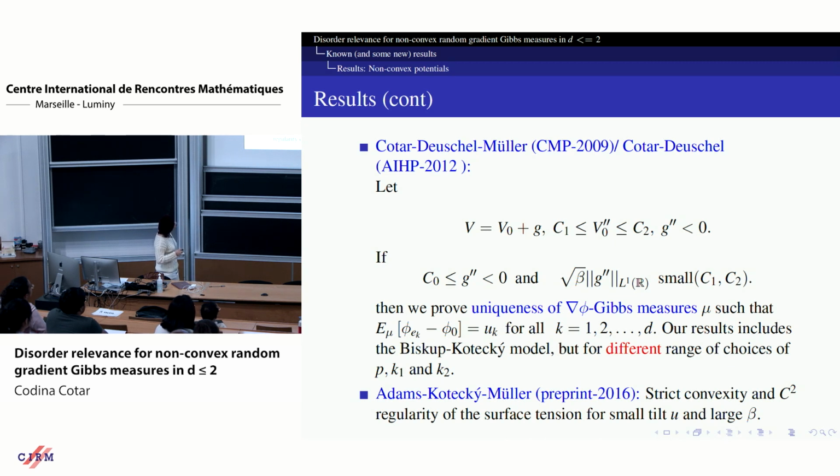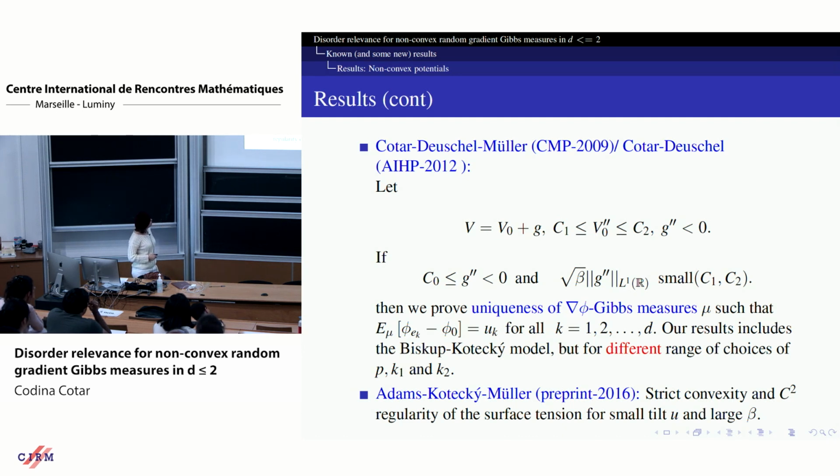We have an explicit quantification of this smallness in some LP norm, and we proved all results that were known for the uniformly strictly convex case: uniqueness of gradient Gibbs measure with given tilt, decay of covariances, scaling limits. So the same properties that we had for uniformly strictly convex potentials hold in such a situation. I want to point out that this is the high temperature regime, because beta is small; beta is 1 over temperature, so it corresponds to the high temperature regime.